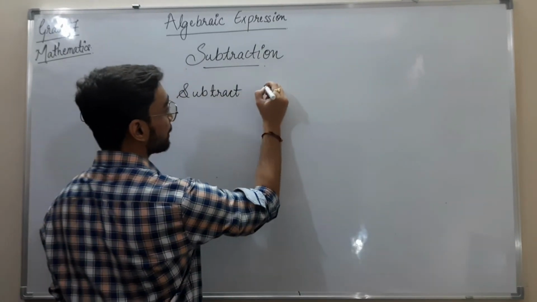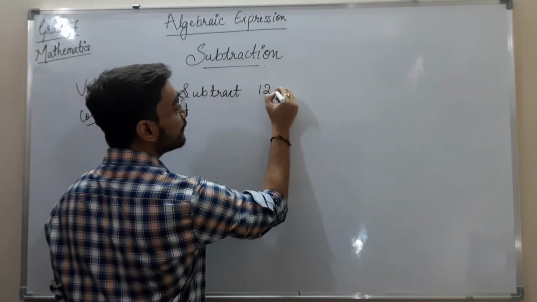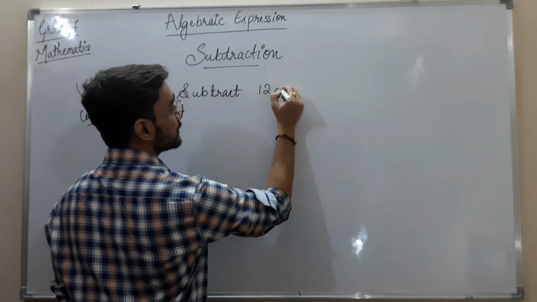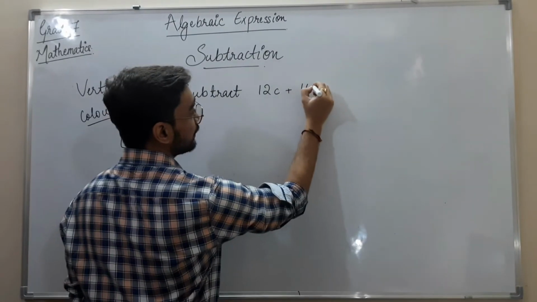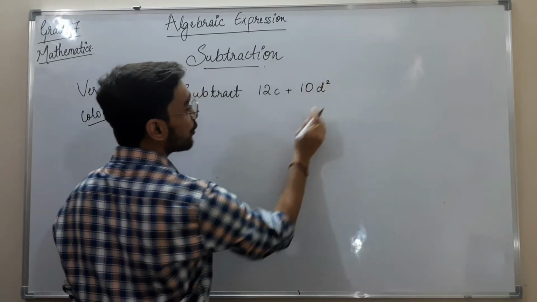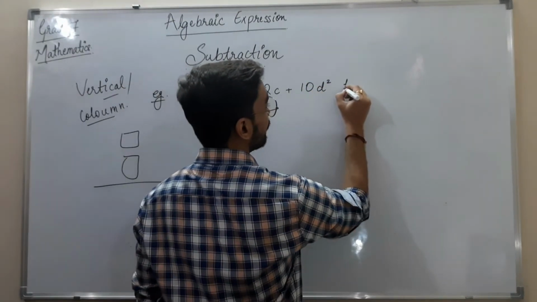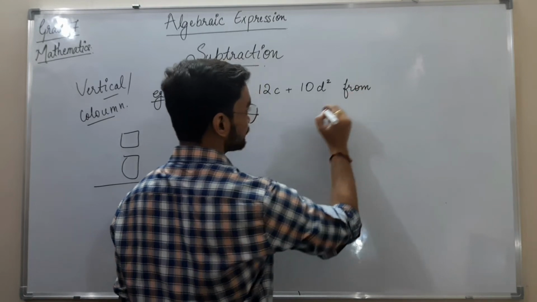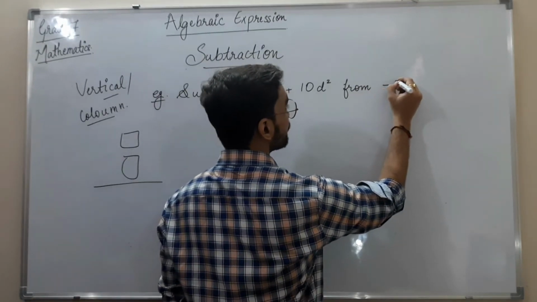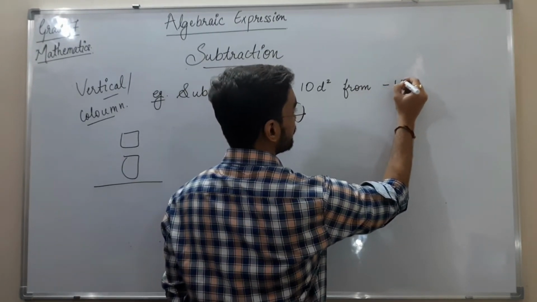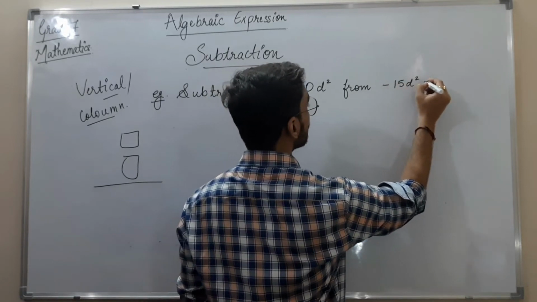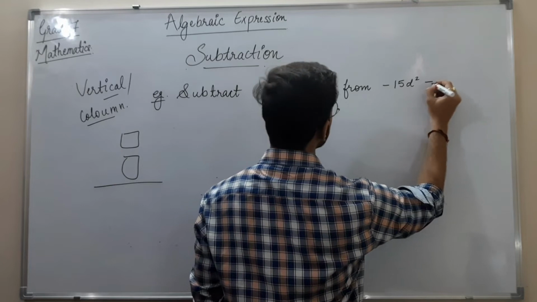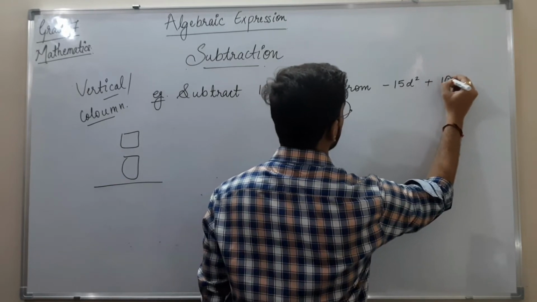Subtract 12c plus 10d square from minus 15d square plus 10c.